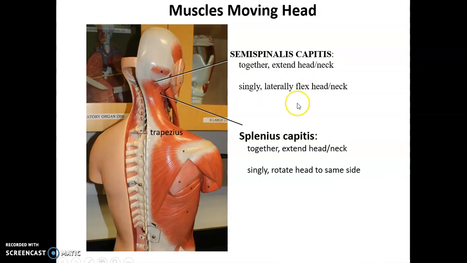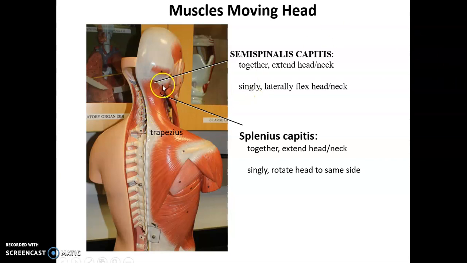The semispinalis capitis muscle, together, helps to extend the head and neck, so pull the head posteriorly or back so you're looking up, or singly can help to laterally flex the head or neck, so lay the head on the shoulder on the same side that the muscle is.